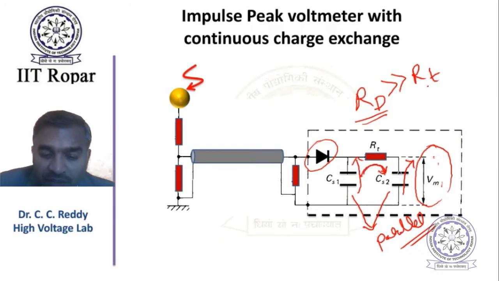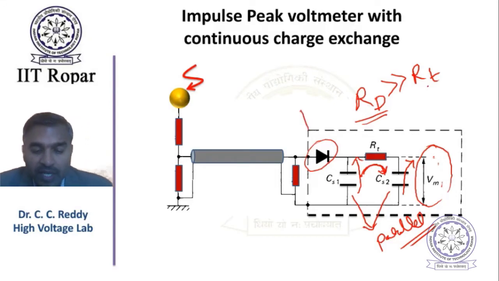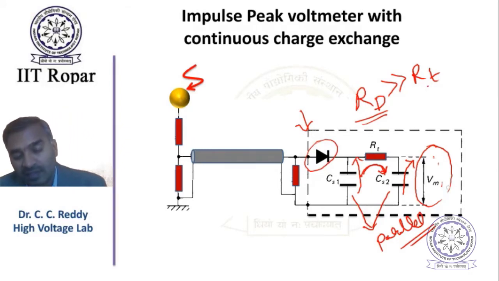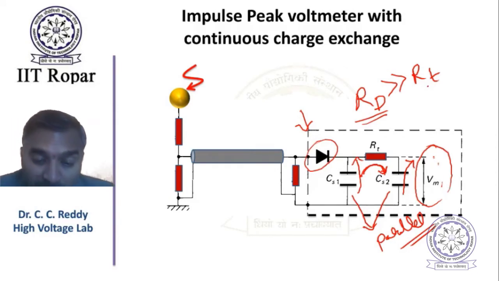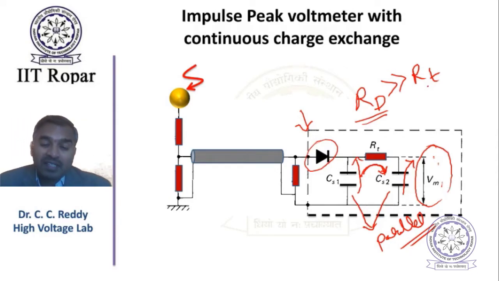But when the charging is over, both of them will be simultaneously discharging through this RD. In that case, the time constant is more, which means the loss of charge will become less, and the voltage will remain stable for a longer time.